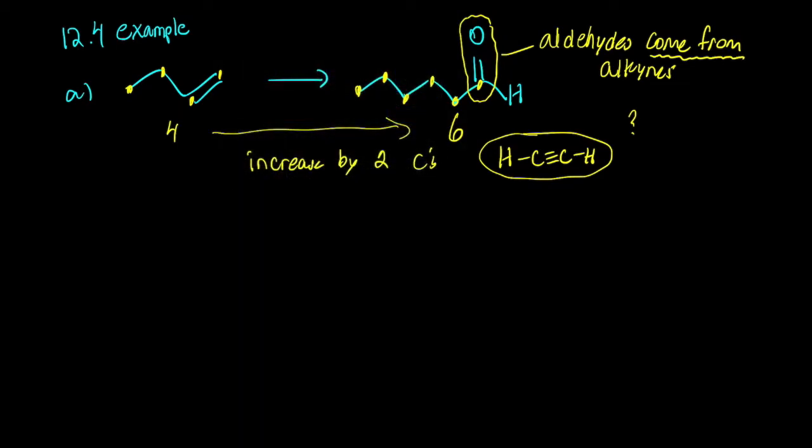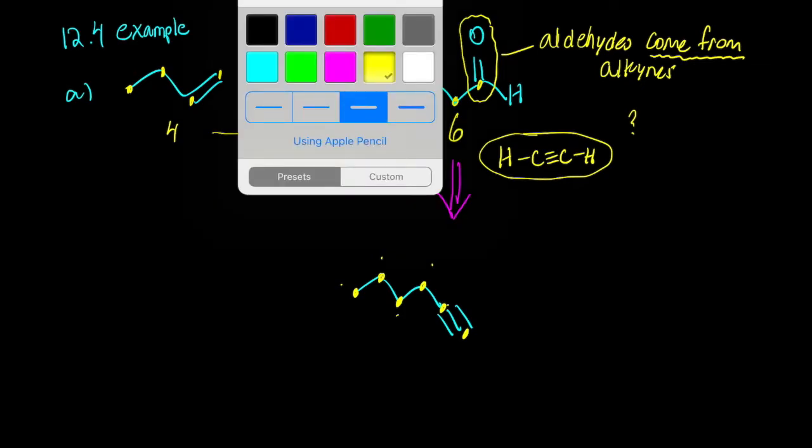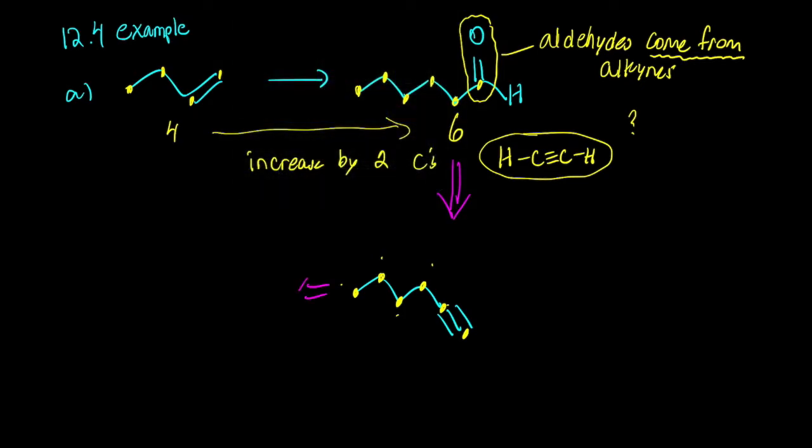I'm going to use retrosynthetic analysis to try to figure out what this might come from. If I have my 6 carbons here, maybe these last 2 carbons are an alkyne. I trust there's a way to make the aldehyde from the alkyne. So there's my 6 carbons. Now I want to think about where this can come from.